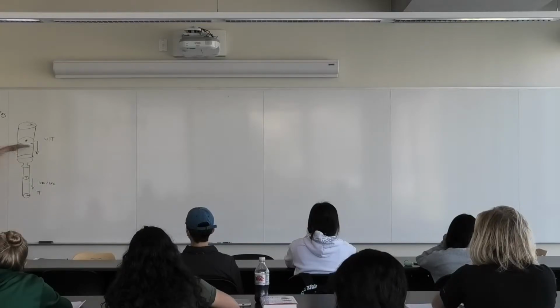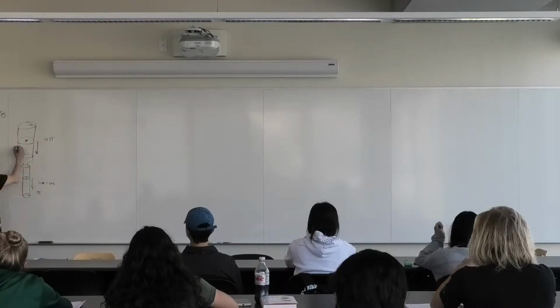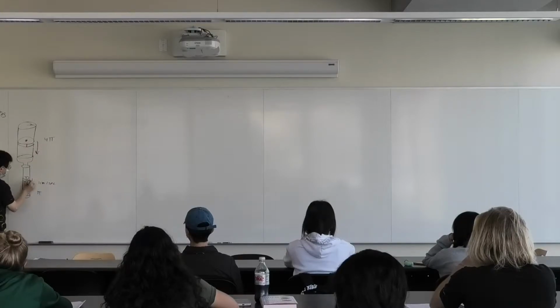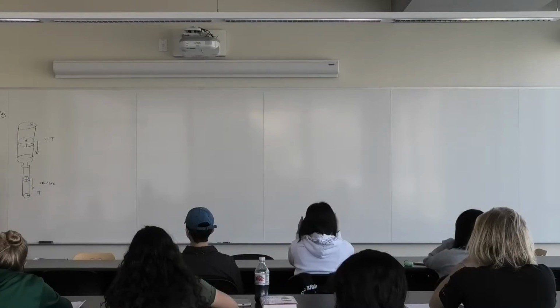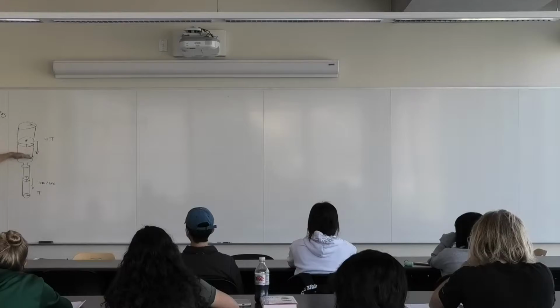This has got per kind of section here. This has 4 times as much water, right? So if this is going down 1 centimeter per second, this is going to go down faster or slower?